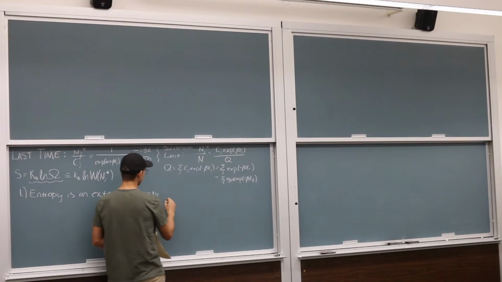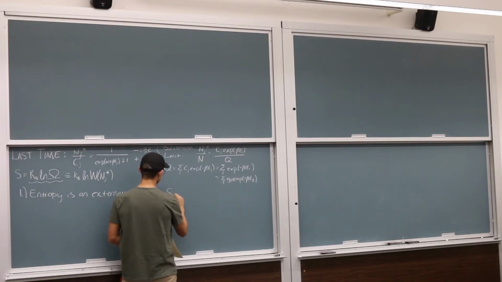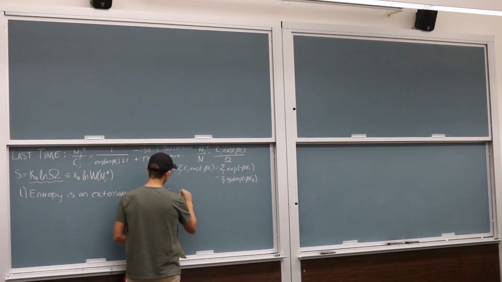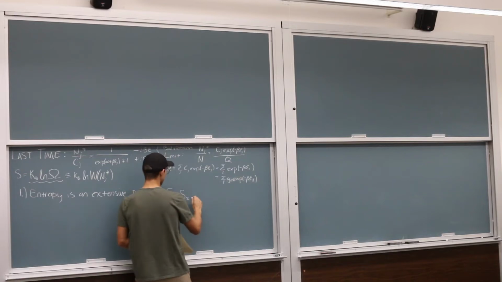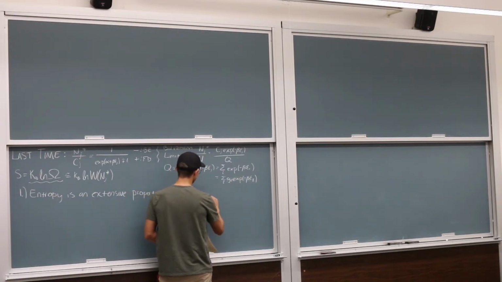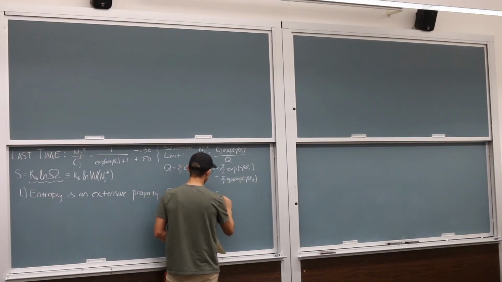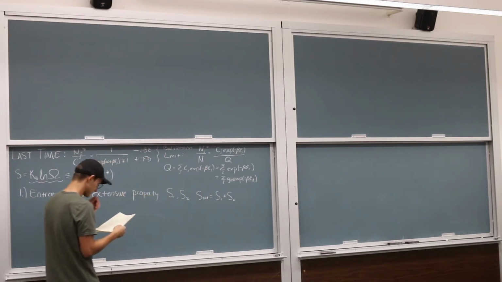So if you have two states with entropies S1 and S2, their total entropy should be the sum of S1 and S2. Okay, that's not too complicated.